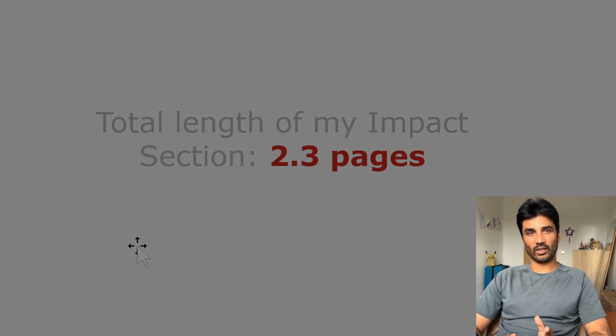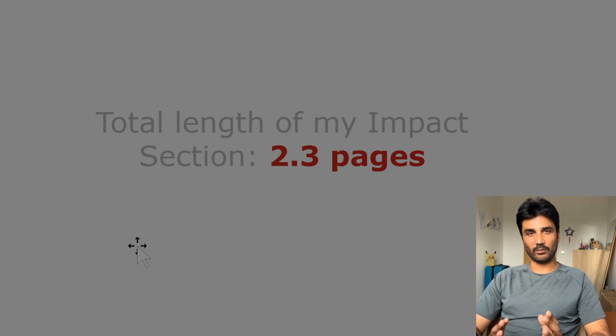From the middle of page number 6, I started my impact section, and it went almost to the end of page number 8. So the impact section was roughly 2.3 pages long, and then I had the implementation section.